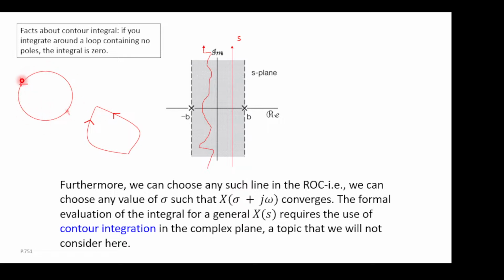Because if you add this and subtract this, it should go back to 0. It's a whole loop. So that means that if you are integrating over two contours that have the same starting point and end point, and in the middle there is no pole, then this contour integral should equal this contour integral.